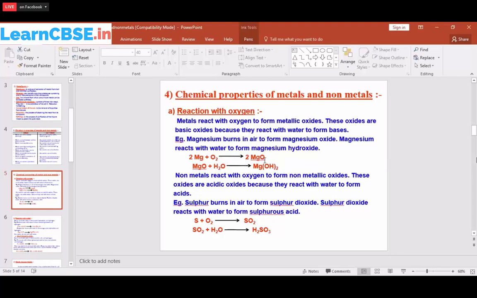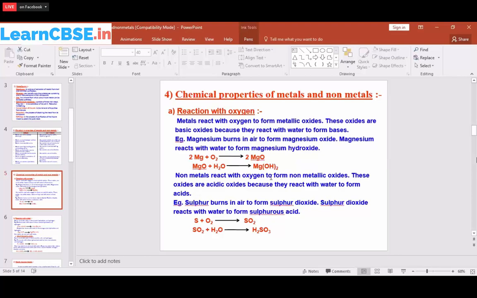How do we say it is basic? We dissolve this magnesium oxide in water, and it produces Mg(OH)2, which dissociates into Mg2+ and OH-. The compound which can give OH- is called a base. So in this case MgO is also a base.